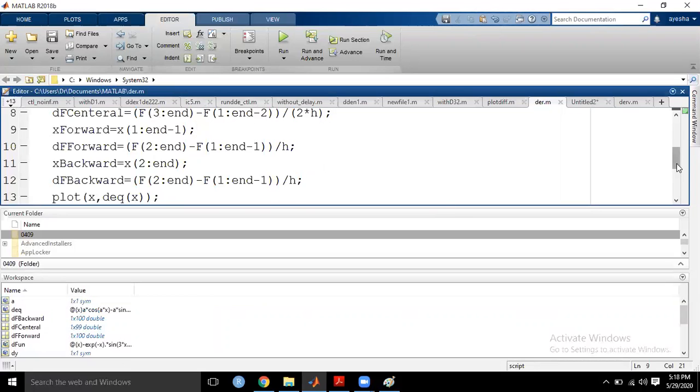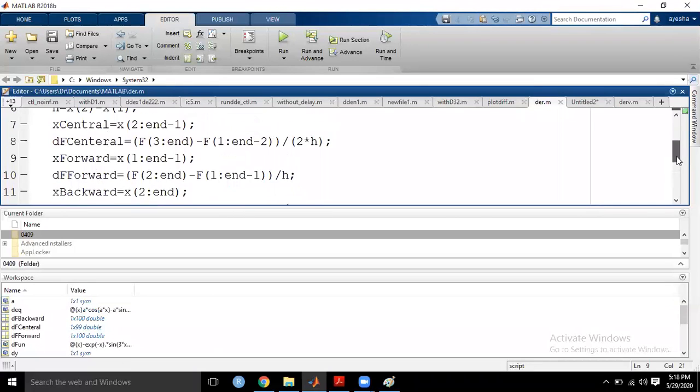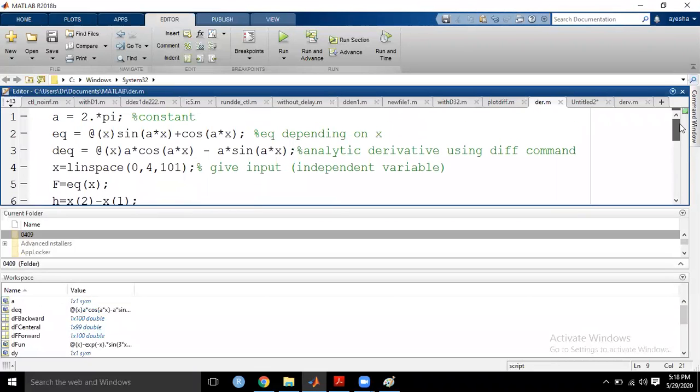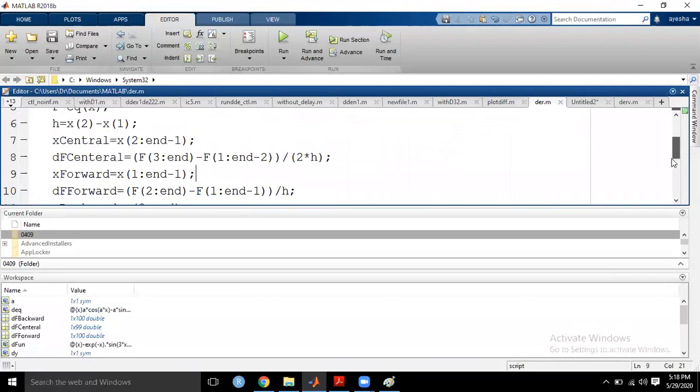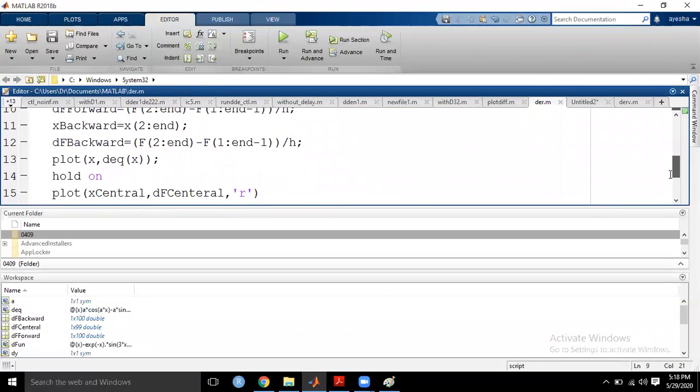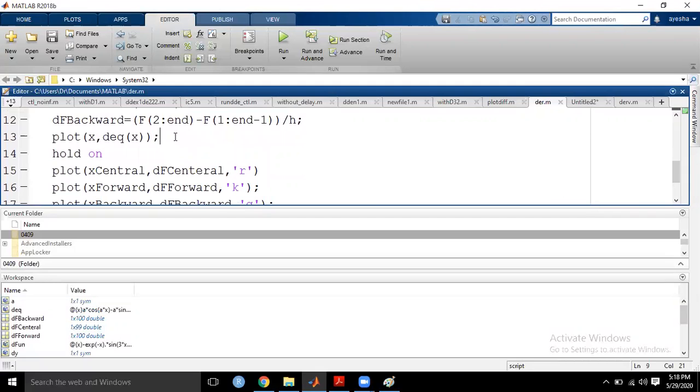Now I want to plot the results. Okay. So how am I going to plot the results? Now I have this as the input function. Then I have the derivative, okay, and that is the analytical derivative. So this is the plotting. Let us write here plot the actual derivative, right?